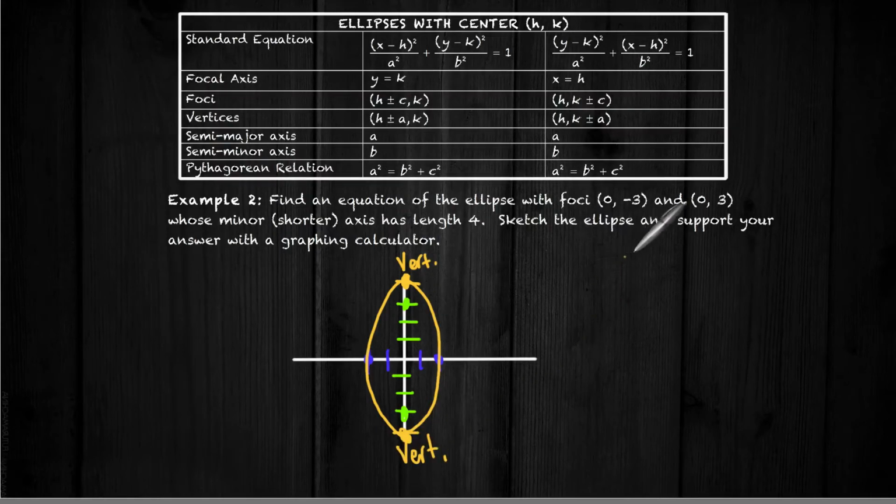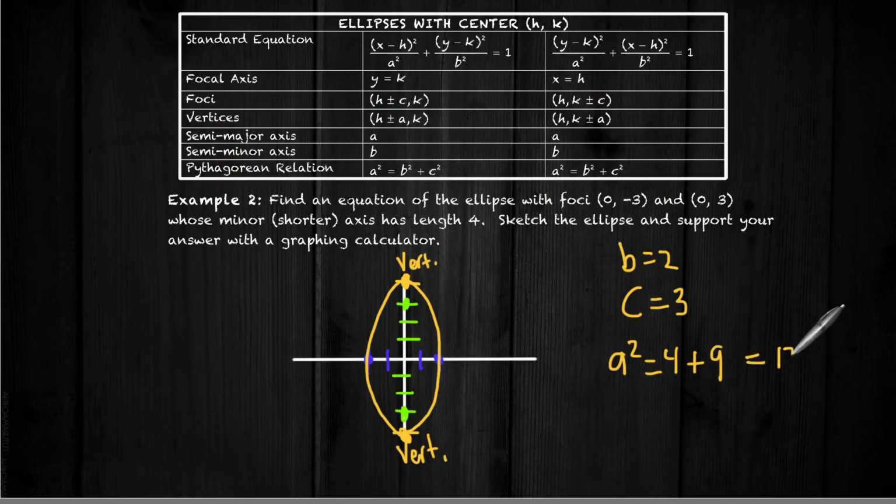So we know that our b is 2 because that is the half of the shorter axis. We know our c is 3, and so that's going to be the distance from the center to the focus. And so we can use this equation right here. So a squared is going to equal b squared, which is 4, plus c squared, which is 9, and that's going to be 13.